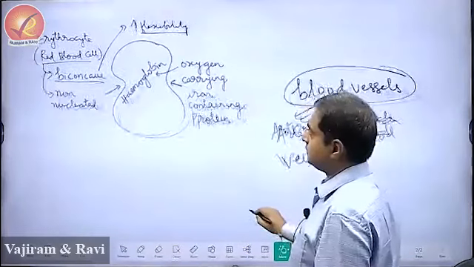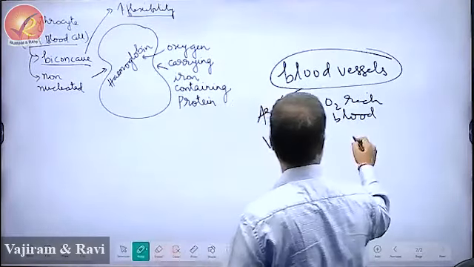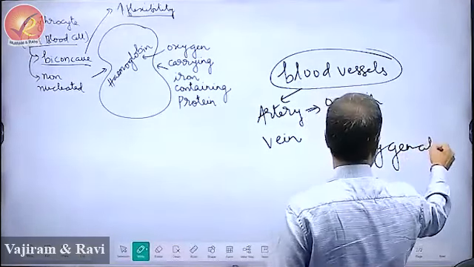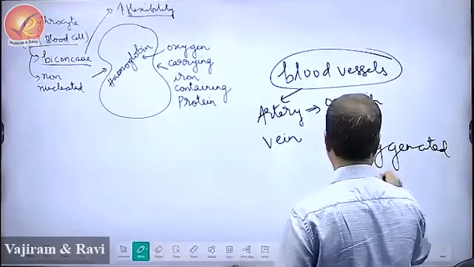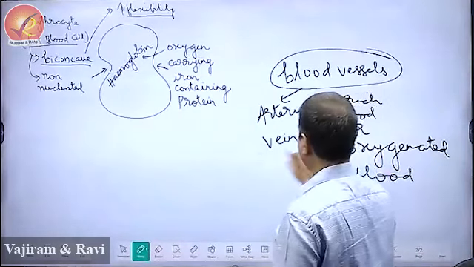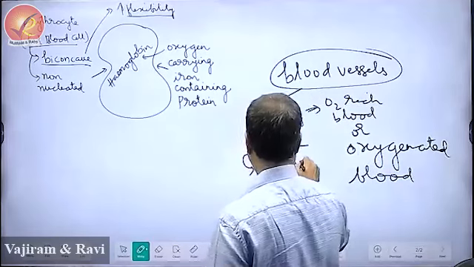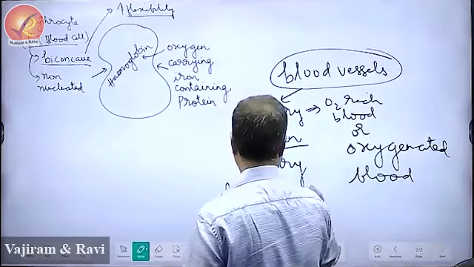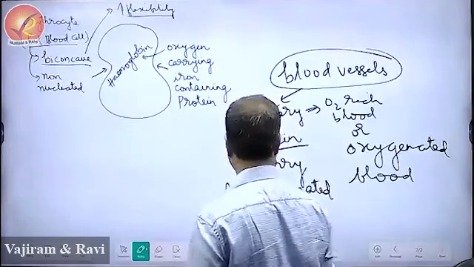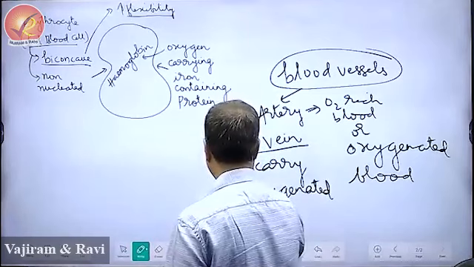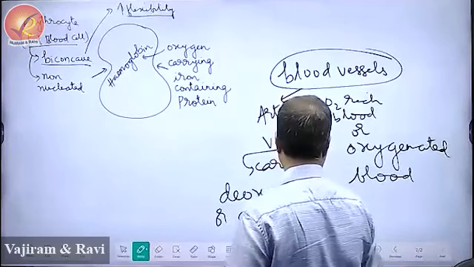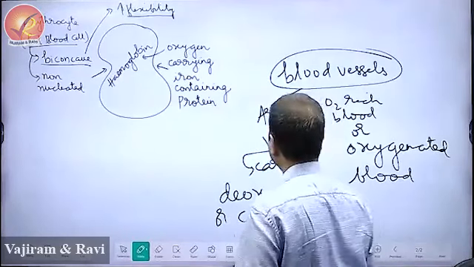Arteries carry oxygen-rich blood, or simply oxygenated blood. Veins carry deoxygenated blood or carbon dioxide rich blood. That is the functional difference between artery and the vein.